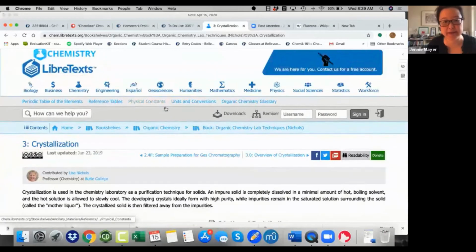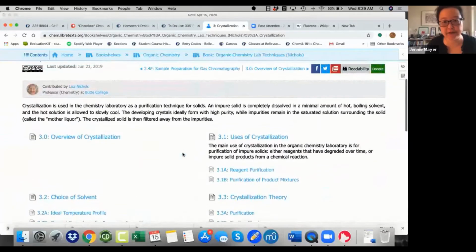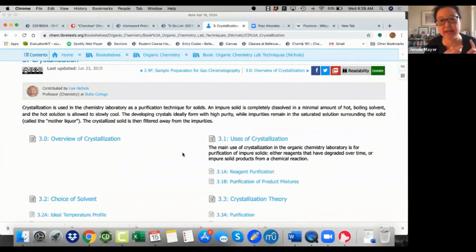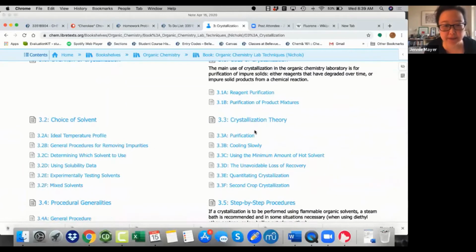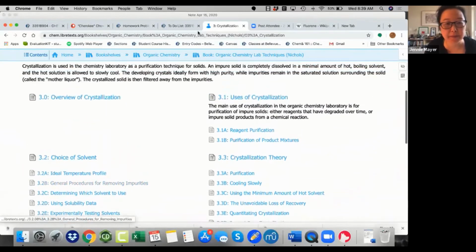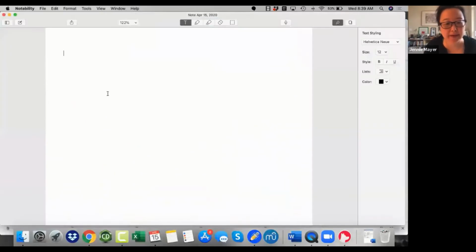So please feel free to look at the free articles about recrystallization and extraction. They talk about choosing solvents here, and they talk about the theory of how it works. So that might be helpful if you haven't had OChem in a while. Okay, so just a little bit of overview, and then we'll talk about some of the worksheets and things.